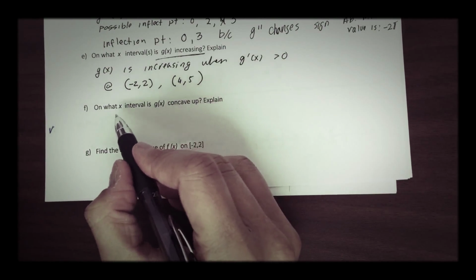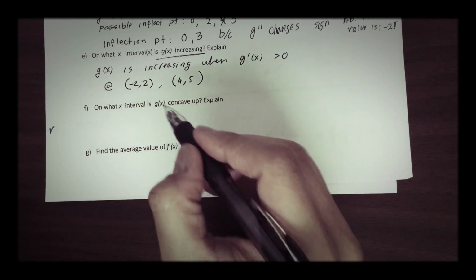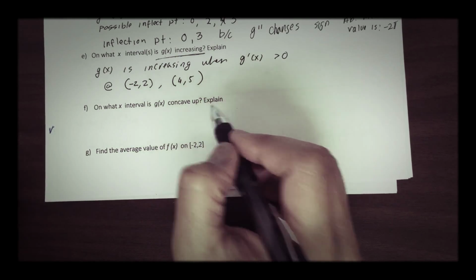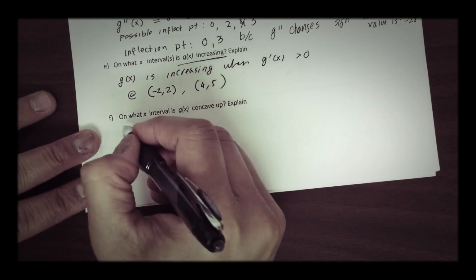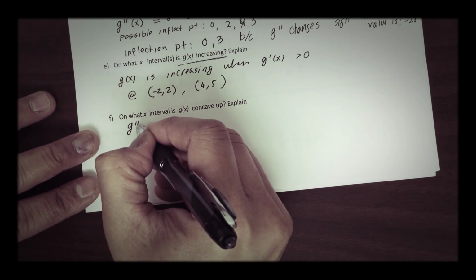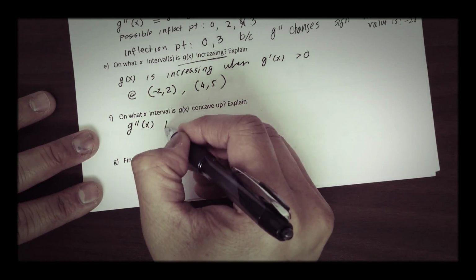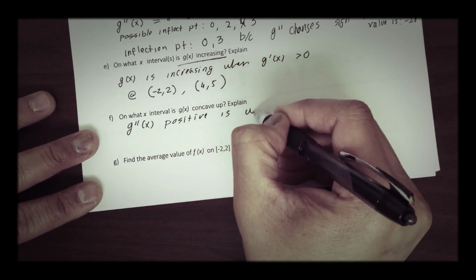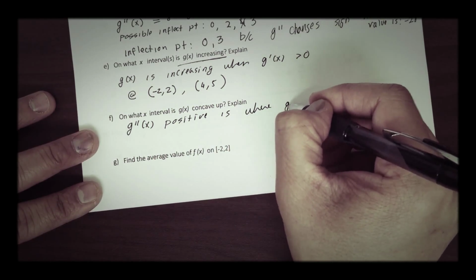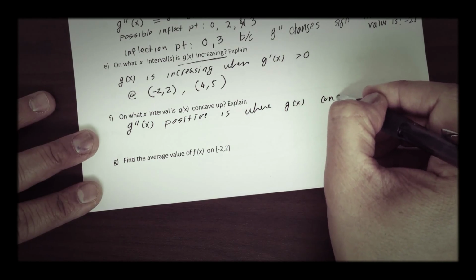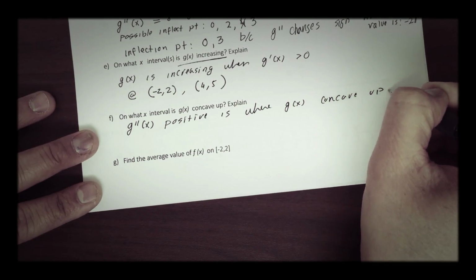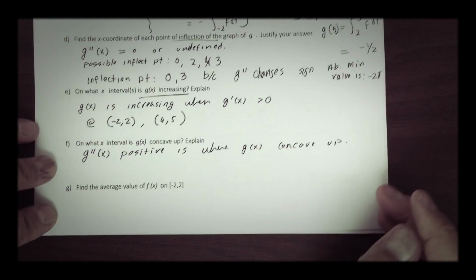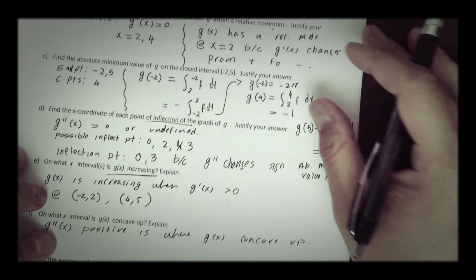On what x interval is g concave up? Concave up means we want to know where g double prime is positive.